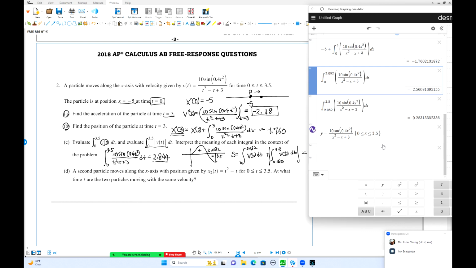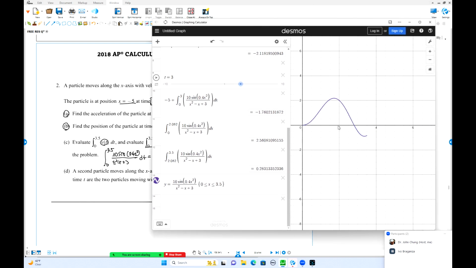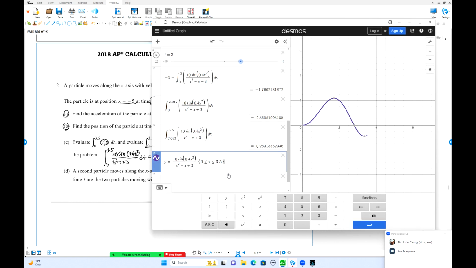Something wrong. This is negative, right? The area of this one should be negative number, but this is just still positive. I don't know what happened. Okay, forget this.